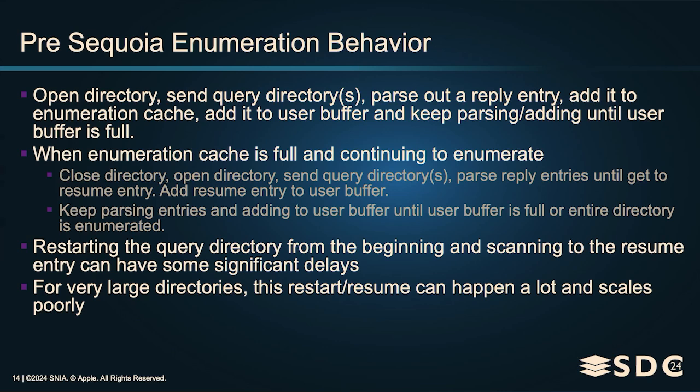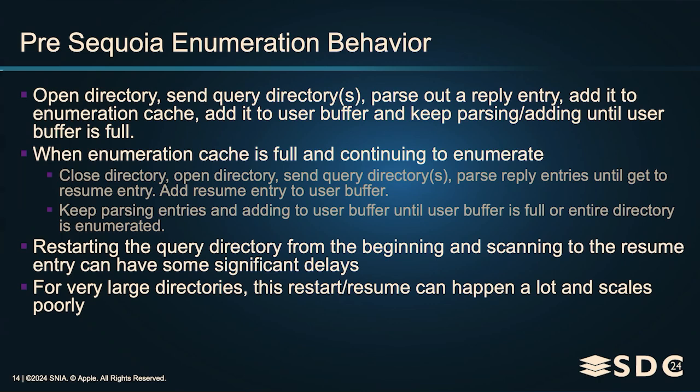What we would do is, the next time the enumerate came in and we were past the end of our directory cache, we would close the directory, reopen the directory, restart the enumeration from the beginning, and enumerate all the way until we got to our last resume entry, and then start returning those. Then again, we would keep doing that over and over.